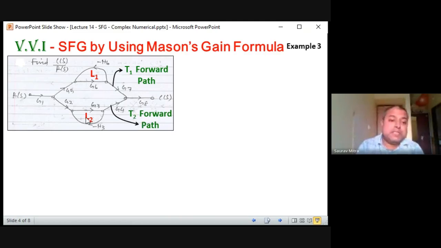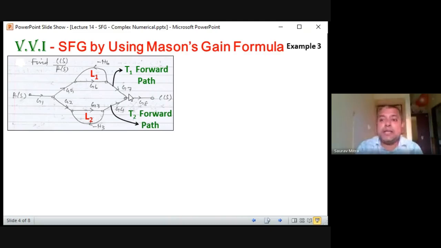Similarly, forward path T2 is touching L2 and T2 is not touching L1. So the L1 loop is not touching T2. Hence, while you put the T2 gain in the numerator, it will be multiplied by one term, that will be 1 plus L1.